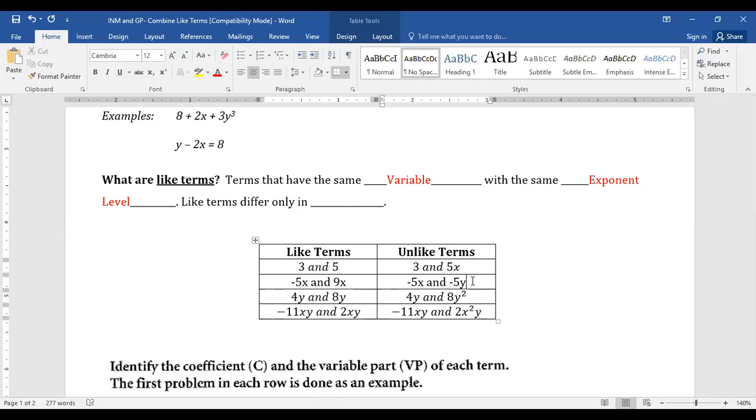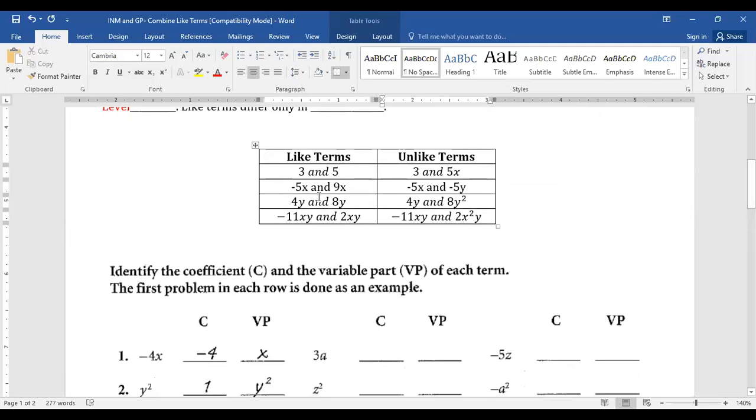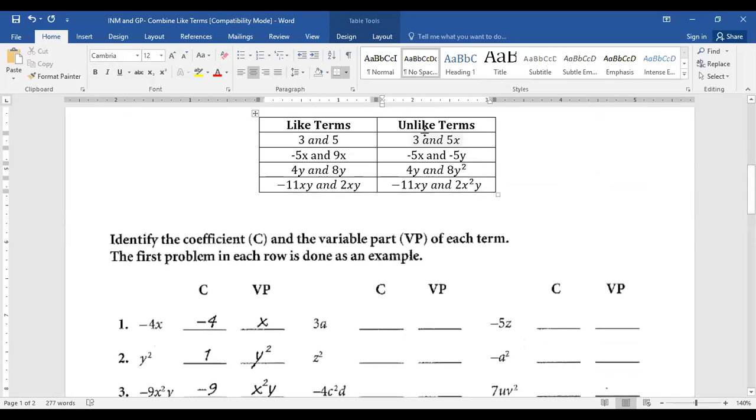So they don't go together. So you have to look at the coefficients, the numbers that are in the front, and the variable part to see if they're going to go together or not. And every term is going to be like that throughout algebra. No matter how complicated it looks, you still have to identify the terms that go together.